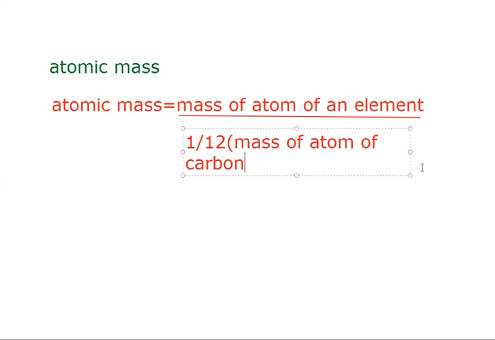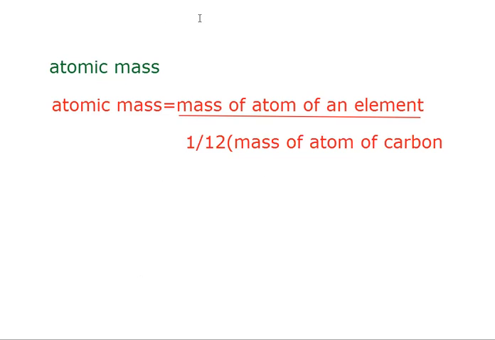So overall, if you want to calculate the atomic mass of any element, it is defined as the mass of an atom of an element divided by 1/12 mass of the carbon atom.